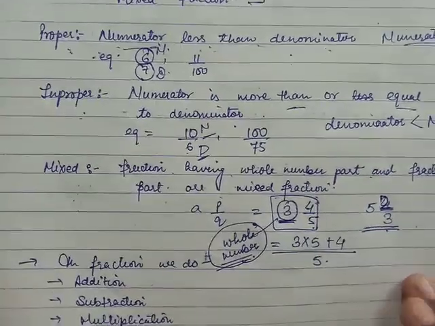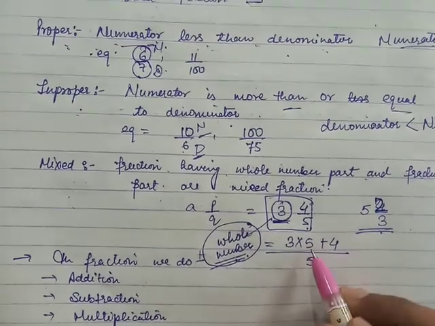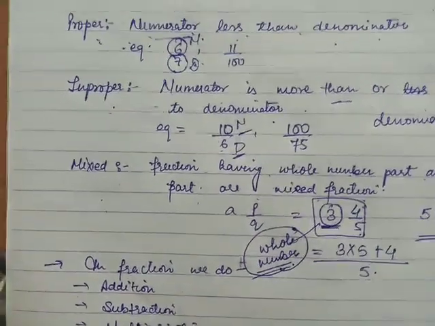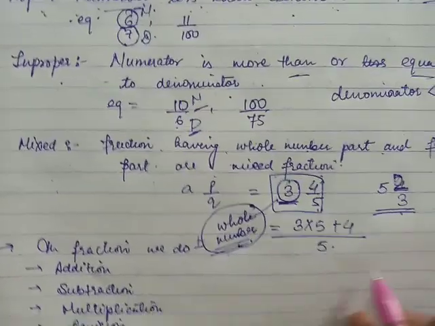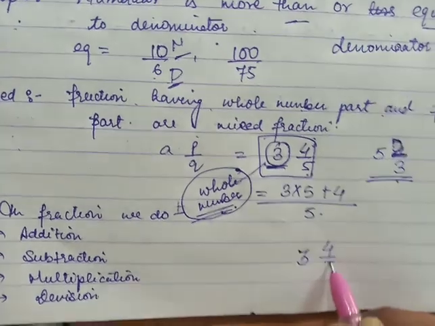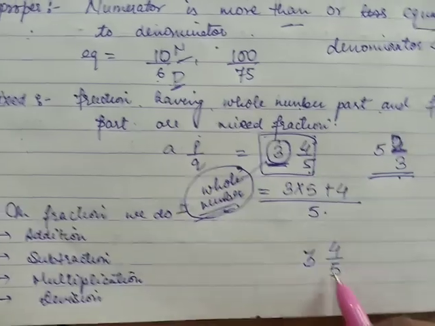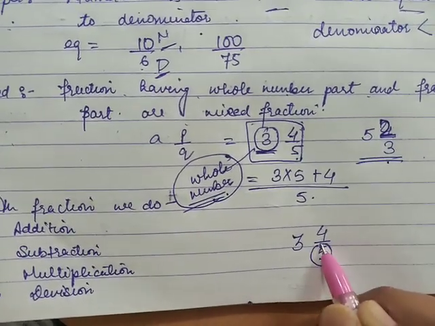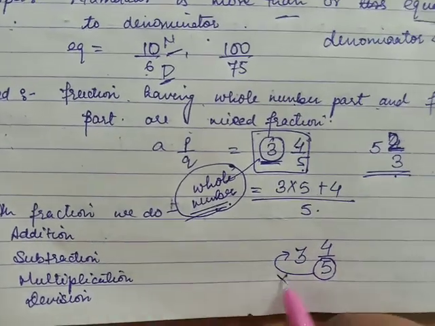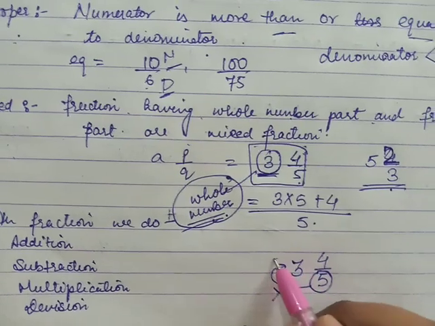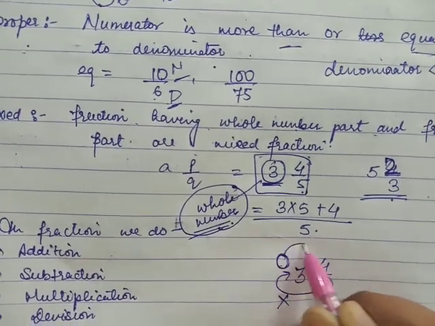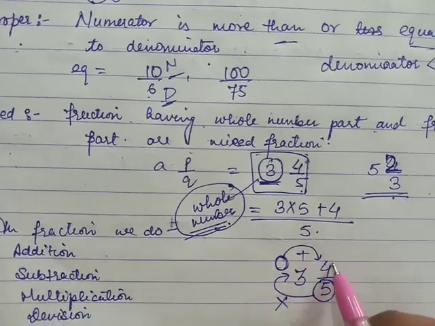Now we will study how to convert a mixed fraction into an improper fraction. Suppose it is written 3 whole 4 by 5. First, the denominator 5 is multiplied with the whole number 3. Then the resultant value we get, we add to the numerator value.